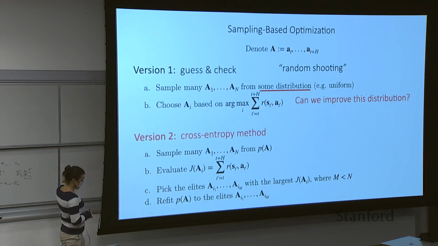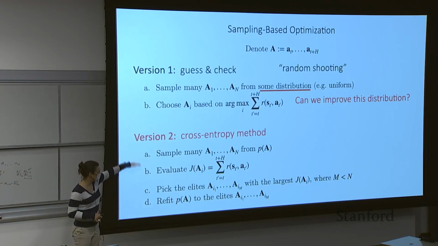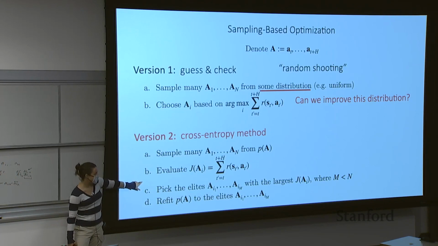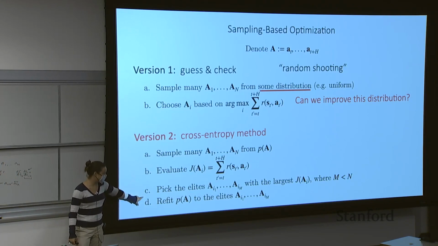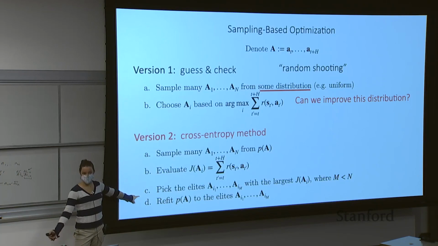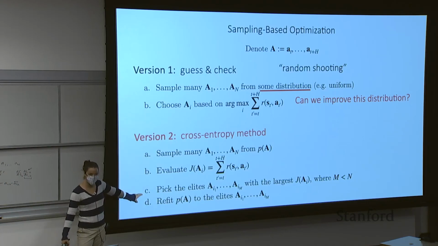In terms of some of the details, I think that this process is fairly straightforward. You evaluate each of your action sequences and you pick the ones that are the best, or the elites. In terms of fitting a distribution to this, you could fit a Gaussian distribution to it. You could fit a mixture of Gaussians to those action sequences or something else.